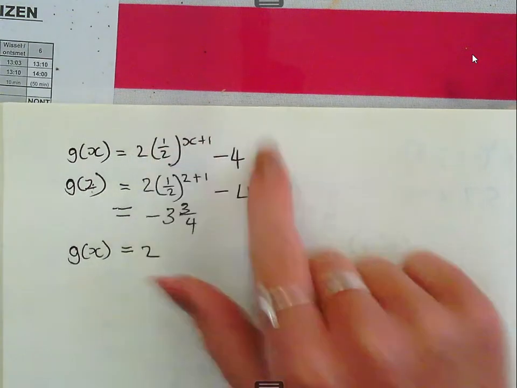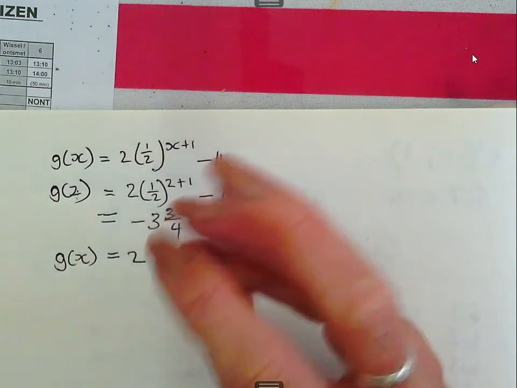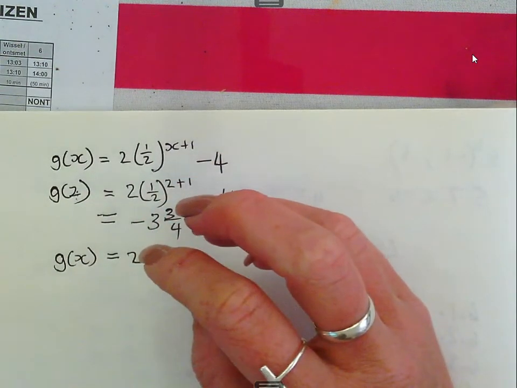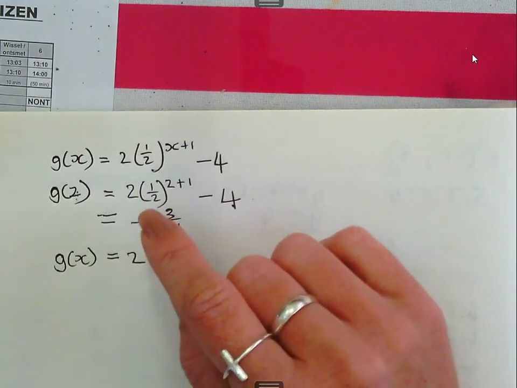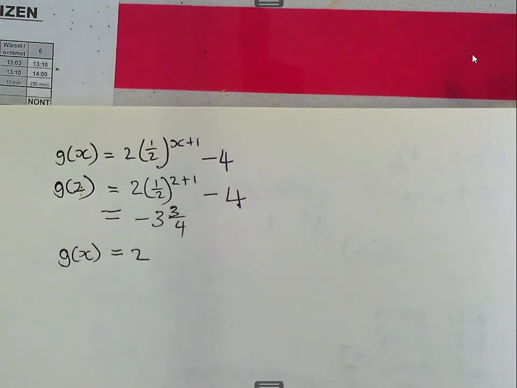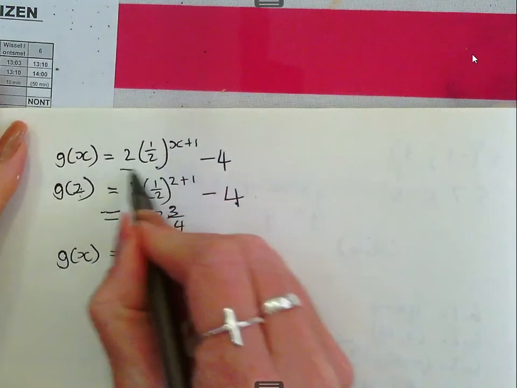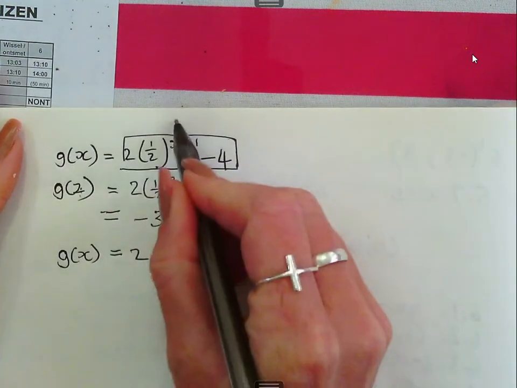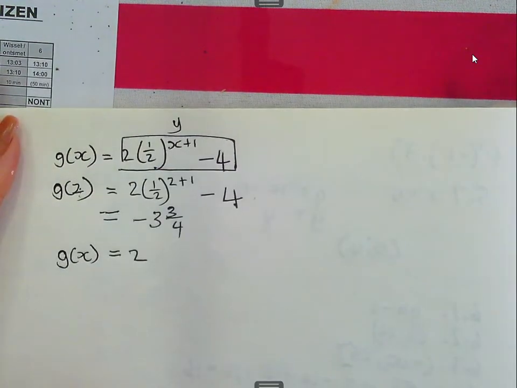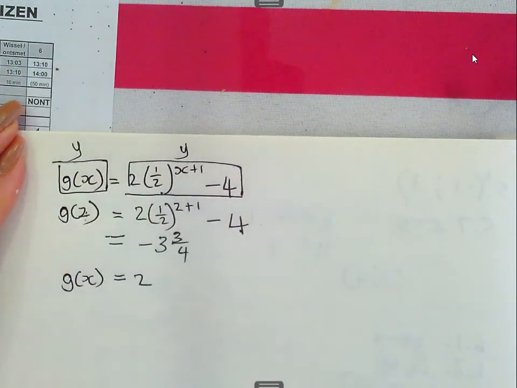But the combination made with x, the recipe, results in y. And that creates the shape of the graph. And y is this whole thing. This thing is y. And g of x is y.